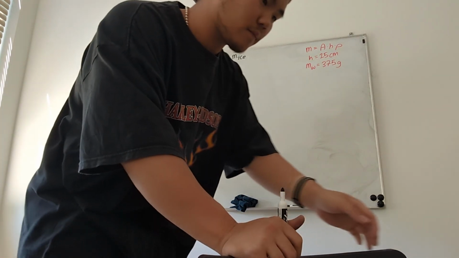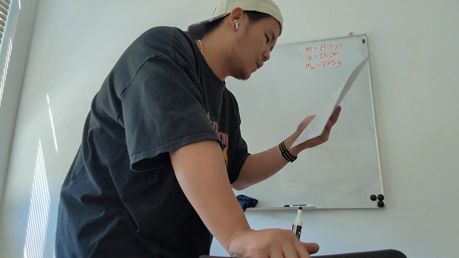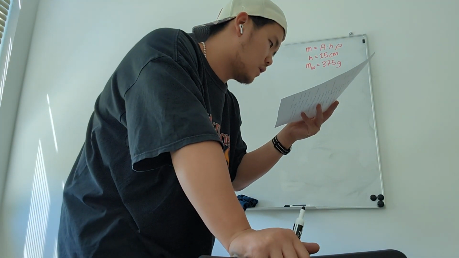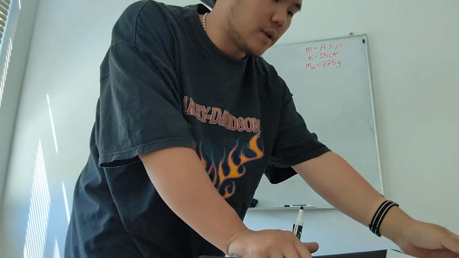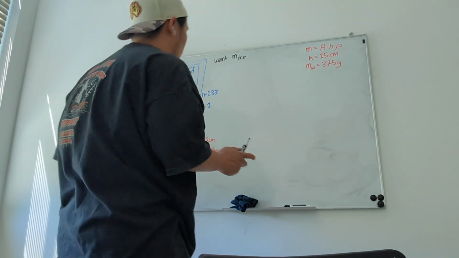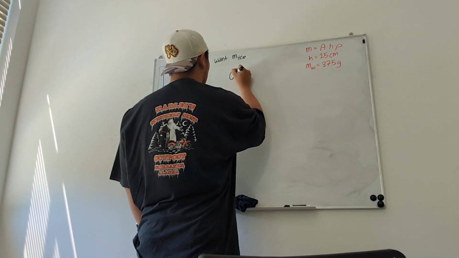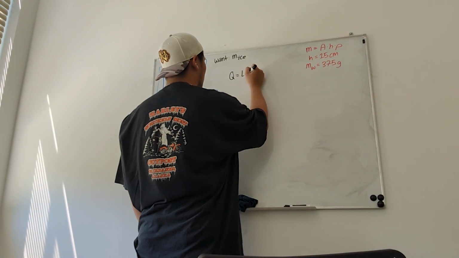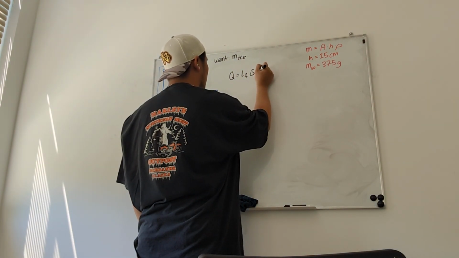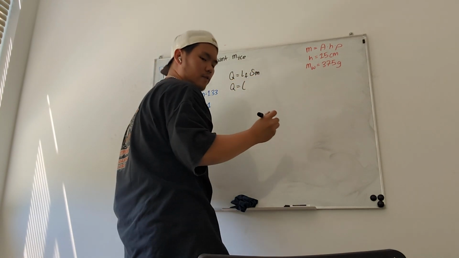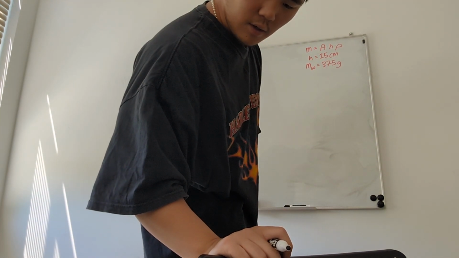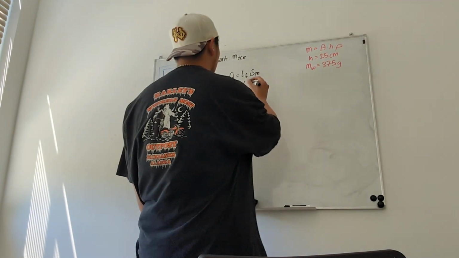We do that using the equation for heat of fusion. That's going to be Q equals Lf times m. So we're going to use Lf, which is 334 kilojoules per kilogram.